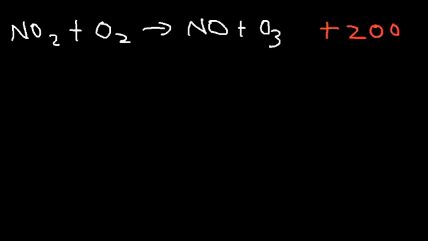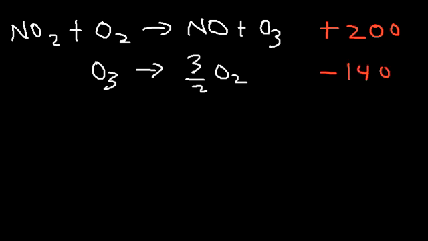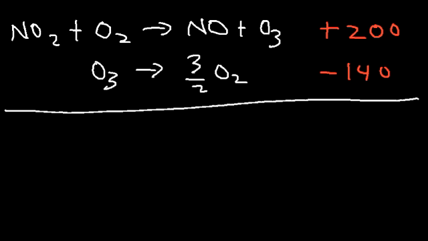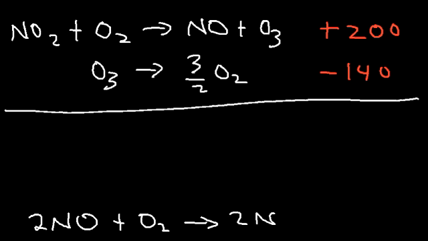And the next reaction is going to be O3, and that turns into 3 over 2 O2. And the enthalpy change is going to be negative 140. So using these two reactions, calculate the enthalpy change for this reaction: 2NO plus O2, which turns into 2NO2.